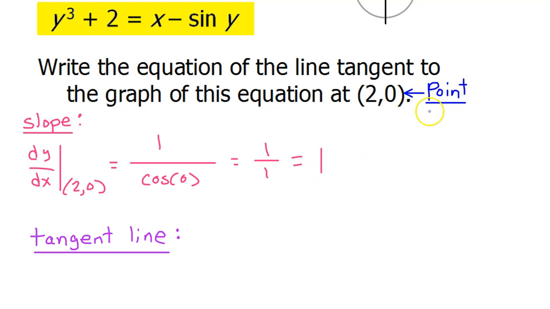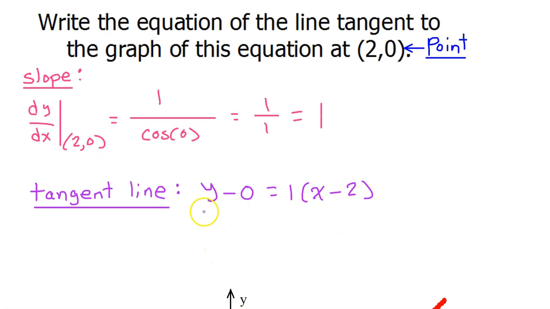Now that we have a point and the slope, we can write the equation of the tangent line. It goes y minus y, so that's y minus 0, is equal to the slope times x minus x. So that's x minus 2. This is a perfectly valid equation, but I would feel silly if I didn't simplify this a little bit.